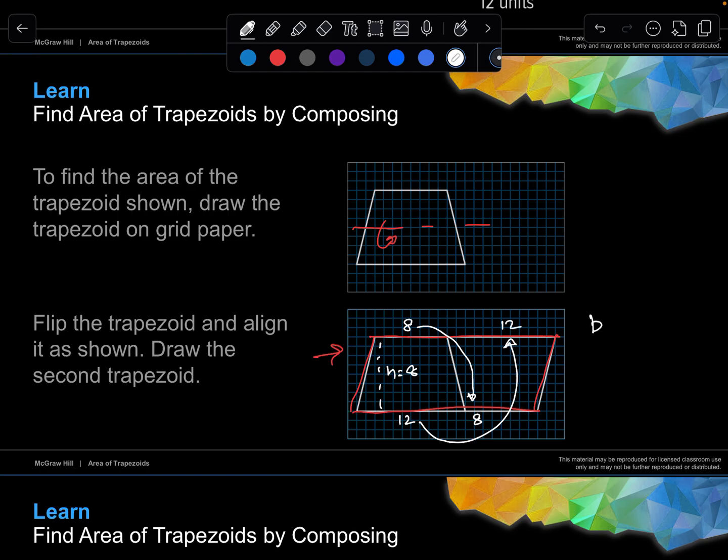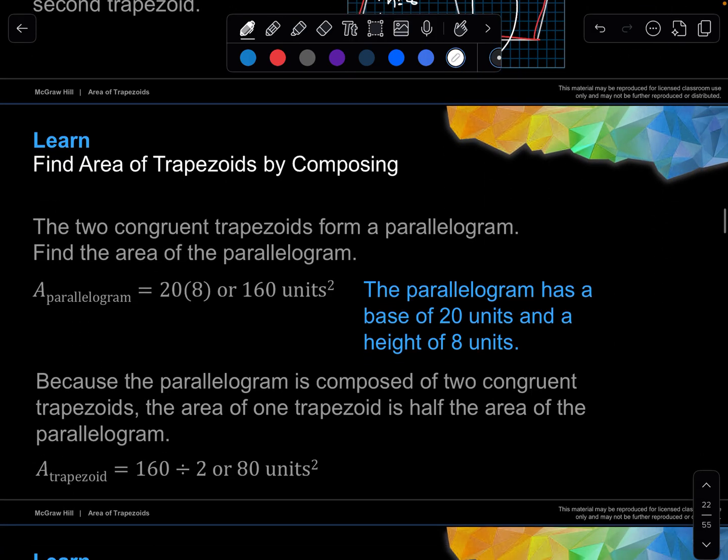So my base B equals 8 plus 12, which is 20. This is the base B for the parallelogram. So my area of parallelogram is BH, which is 20 times 8, which gives me 160 units square. The area of the trapezoid is going to be half of that, so that gives me 80 units square.